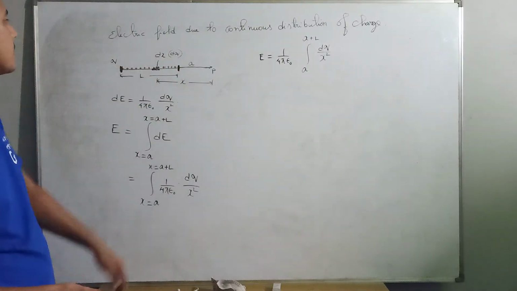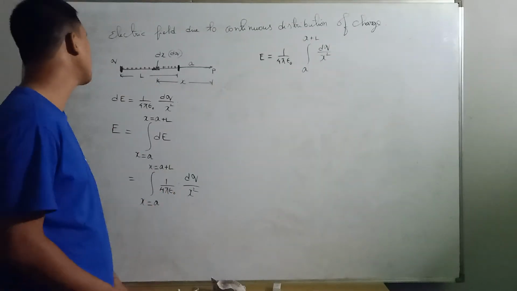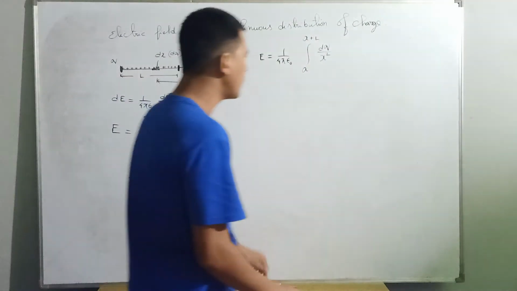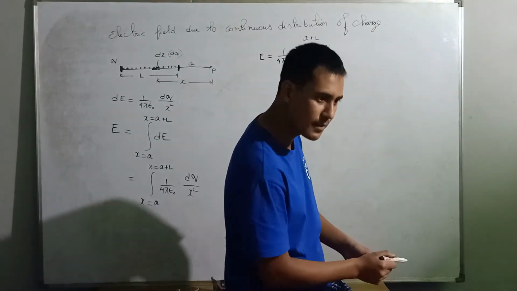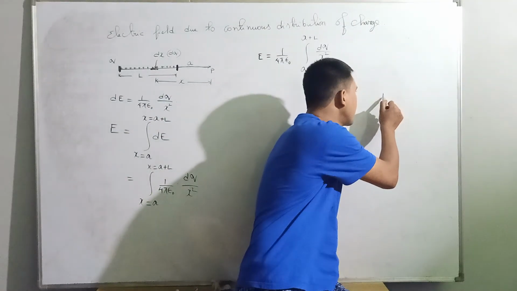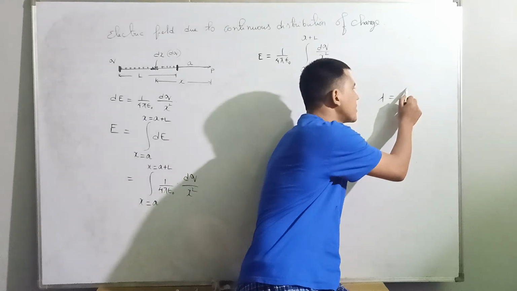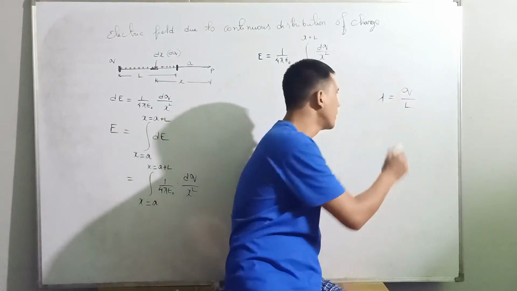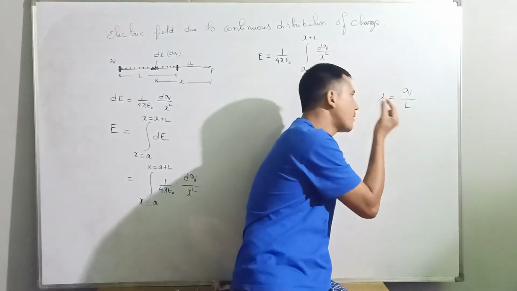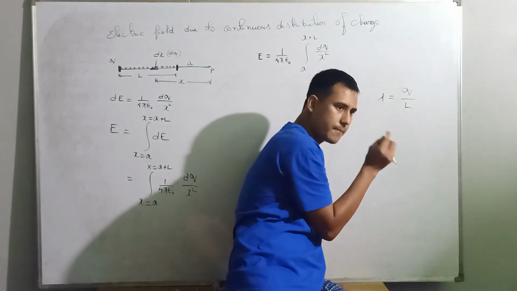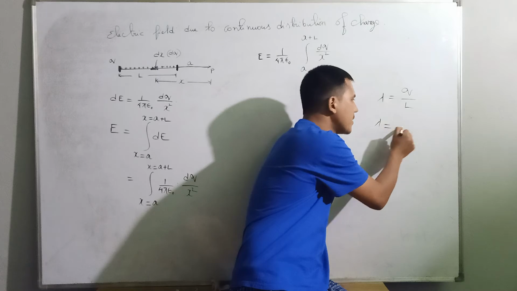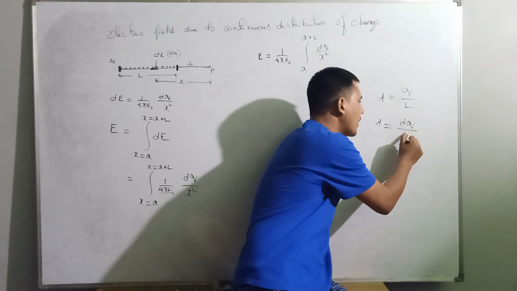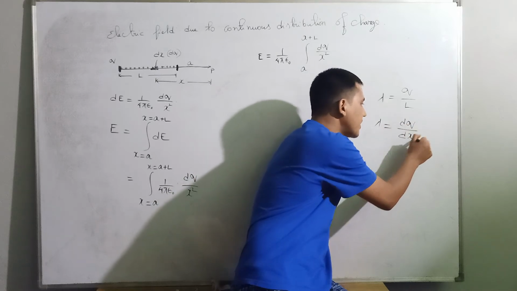This is a rod. The charge is uniformly distributed over its length. We have learned linear charge density. Linear charge density lambda is defined as Q upon L, total charge upon length of the rod. If you are considering a small element of length dx having charge dq, then the linear charge density will be dq upon dx.